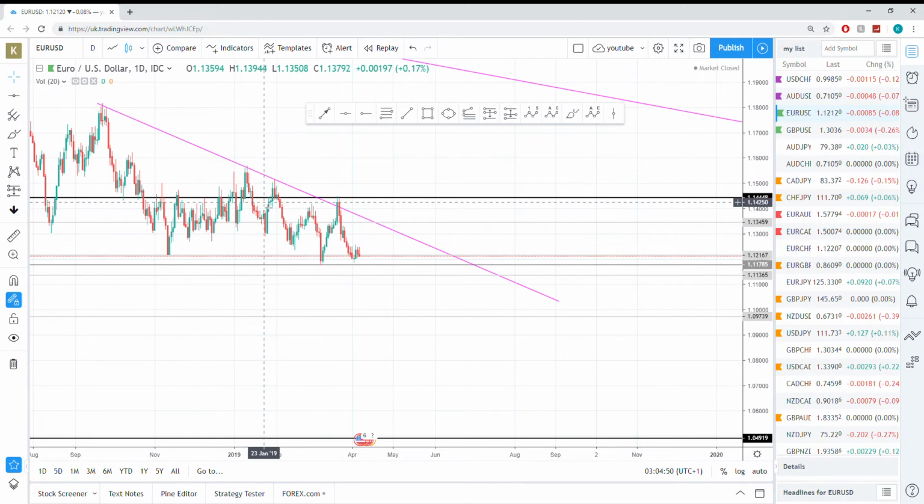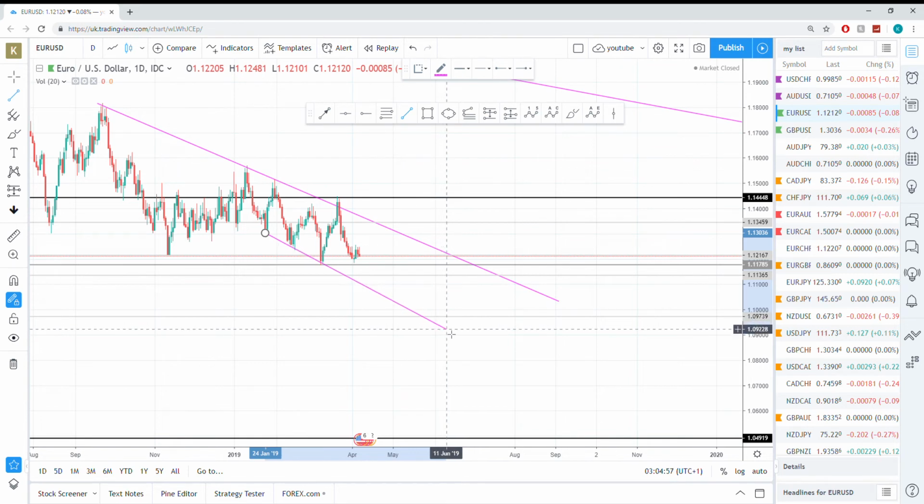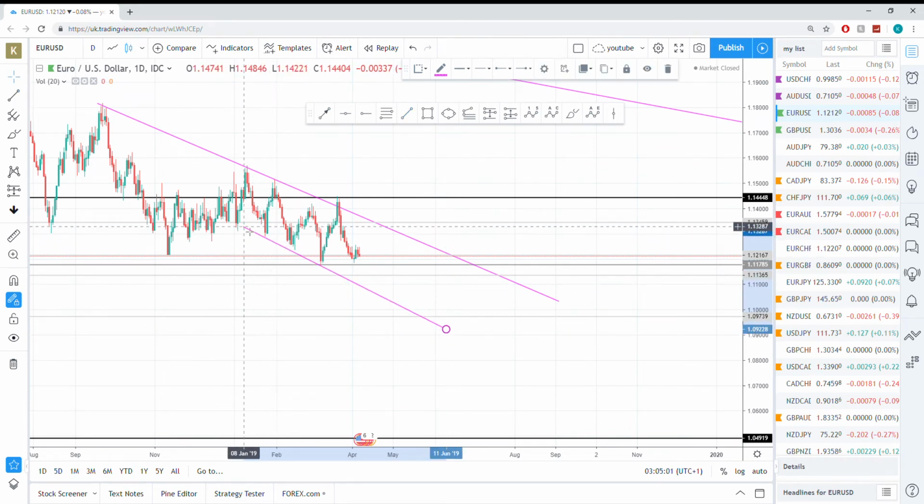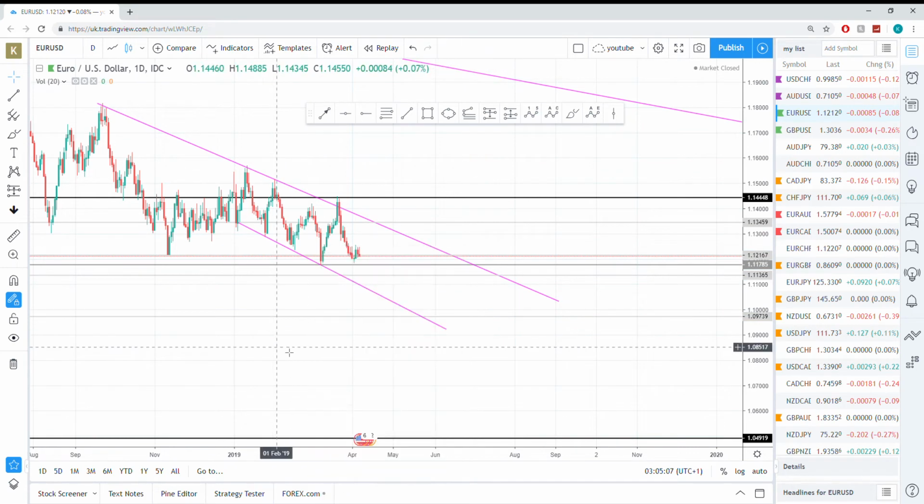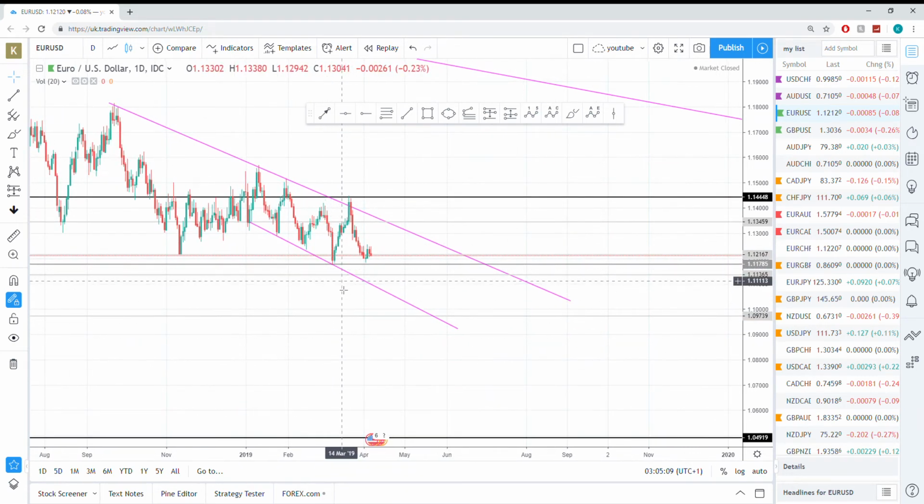We can also do a little downwards one in case momentum goes the other way. So we've got a little channel forming, and this channel just gives us an estimation of where the confluences could occur.